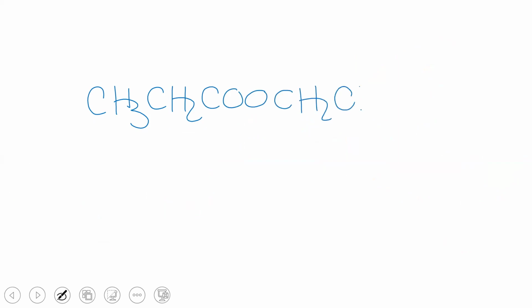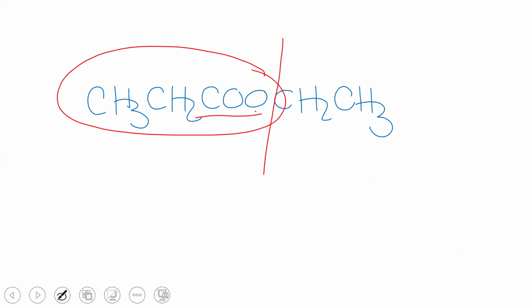Well, what if they write it like this? Again, the exact same thing. I'm going to look for the COO here and break after it. Again, the side with the COO is the acid. These are 3 carbons, so propanoic.